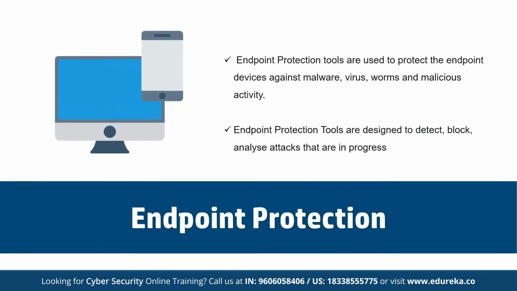Endpoint protection allows us to protect the endpoint against any kind of malware, viruses, worms, and malicious activities. So basically, they are designed to detect, log, and analyze attacks that are in progress.